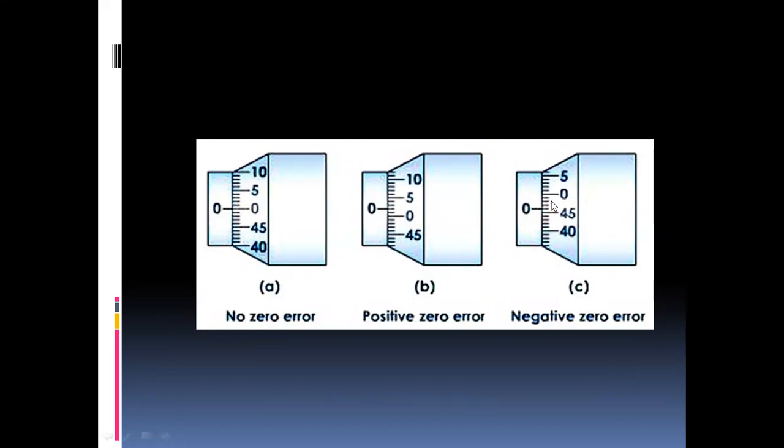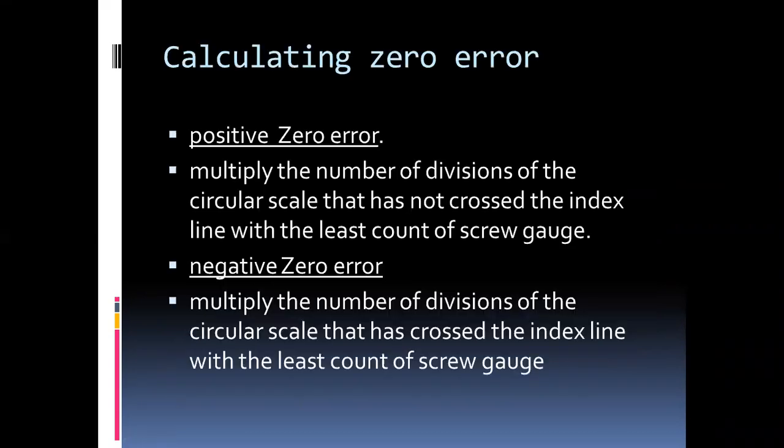And when the zero of the circular scale goes above the zero of the index line, like in this figure, we will say this is a negative zero error. Now let's see how to calculate. That is our today's topic, calculating zero error. One is the positive zero error and one is the negative zero error.